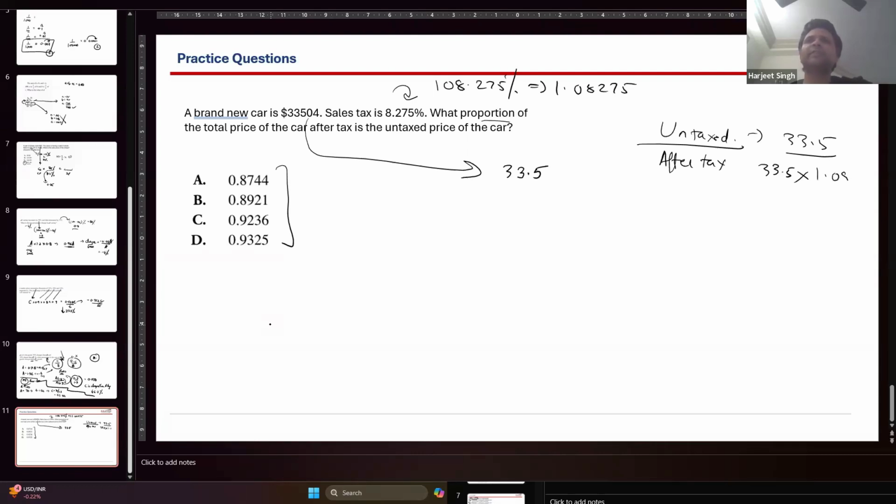So 1.08275. So 1 by this is the answer. 0.9236.